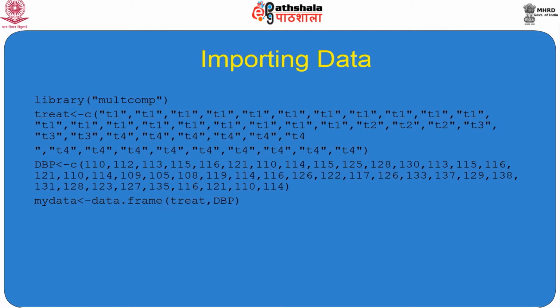So these two variables, treat and DBP, were assigned through a function called data.frame to a database MyData. So now the database MyData has two variables, one is treat, another one is DBP.